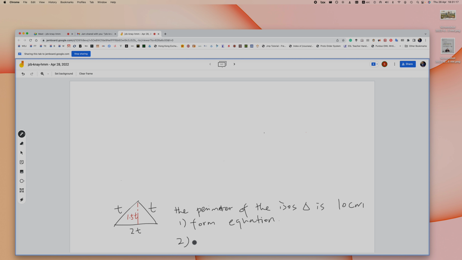First, form the equation, and then find the area of the triangle. Yeah, very good. So the 10 here is given by the question, and then the t plus 2t is given by the figure. Okay, then that's how you form an equation. Okay, go ahead. Next.